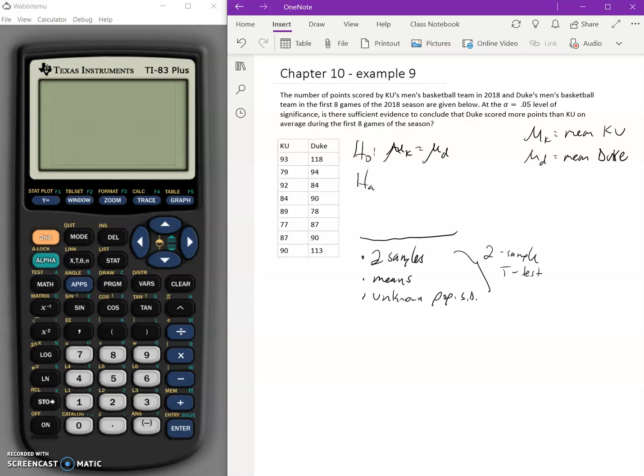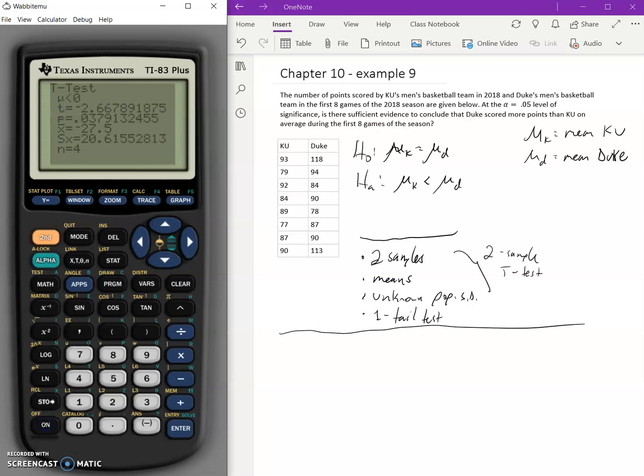So our alternative hypothesis, we're wondering, is KU less than Duke when it comes to average scores? Now, if you want, you could also go back here and do a 1-tail test, just to indicate that.